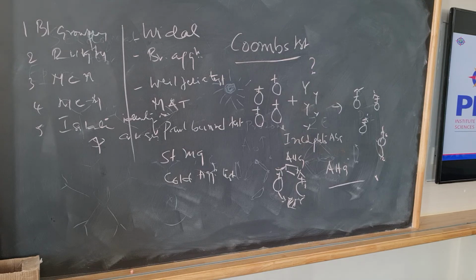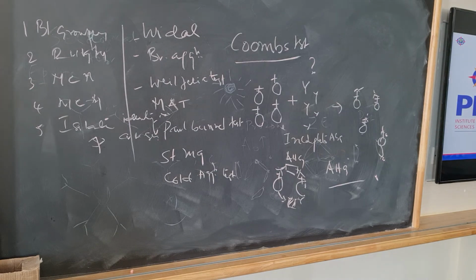Although there is an antigen-antibody reaction, it is not observable because anti-Rh antibodies are incomplete. Add Coombs serum, which is nothing but anti-human gamma globulin. Then there will be agglutination. This is called the indirect Coombs test.